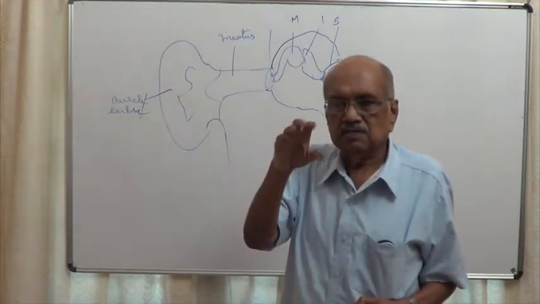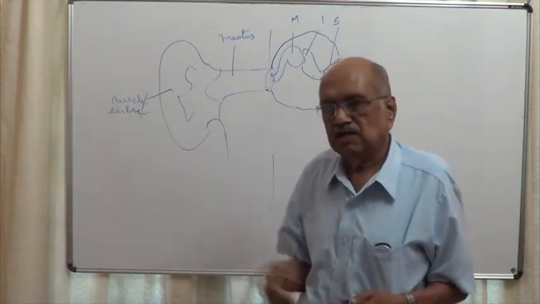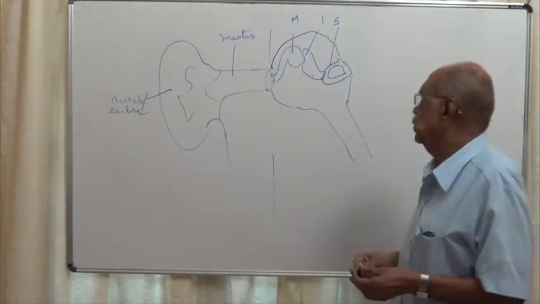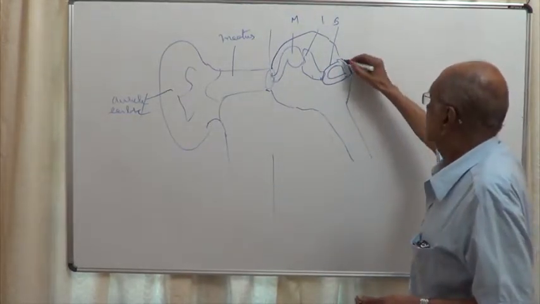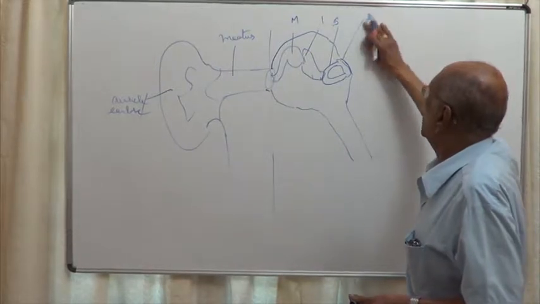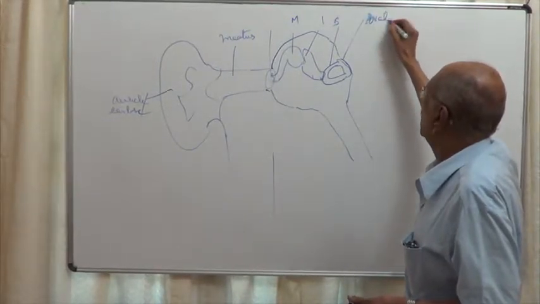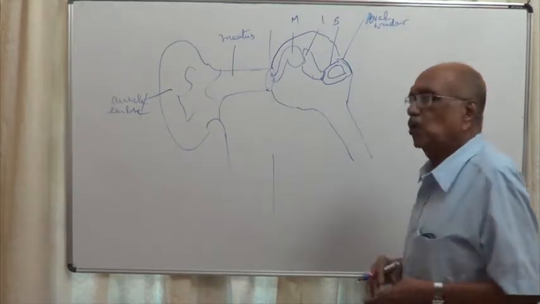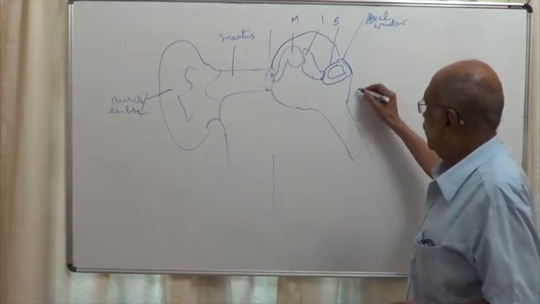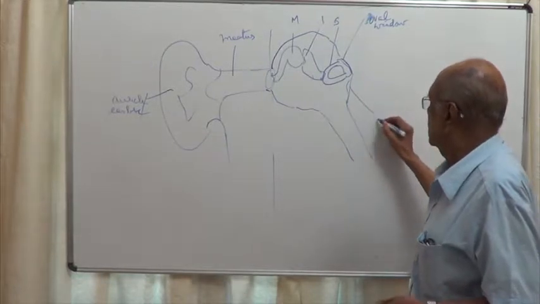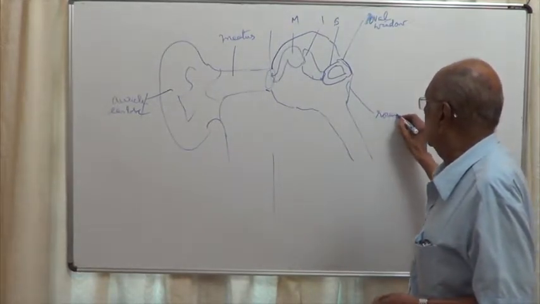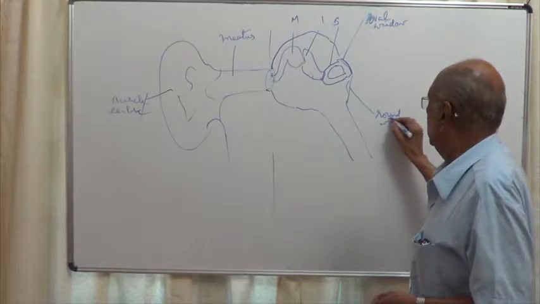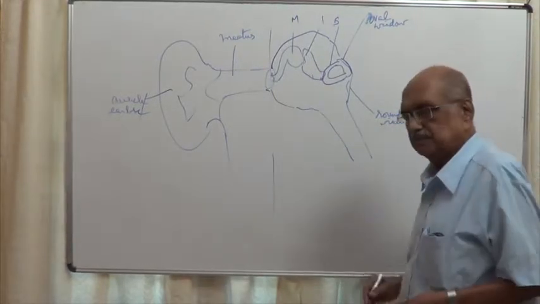One is to the incus, and the other side of it is attached to the part which is called oval window. Oval window. Lower down there is another which is called round window. Let us see to which this is attached.